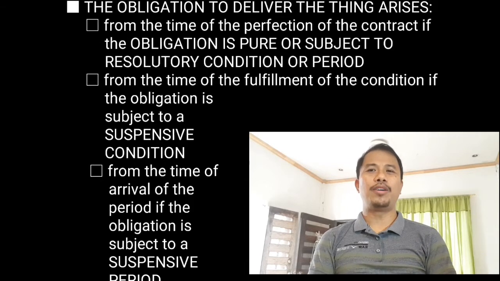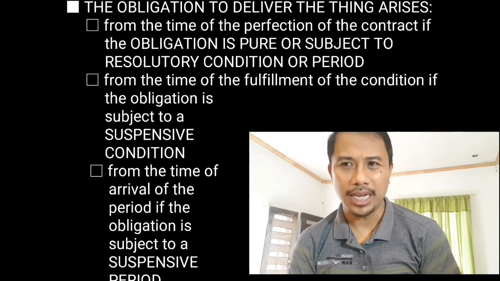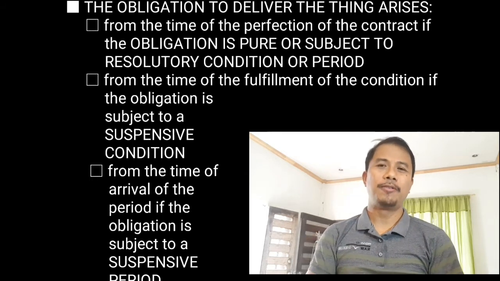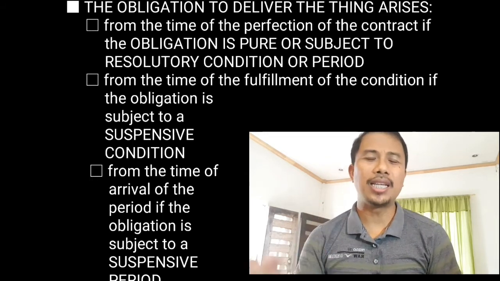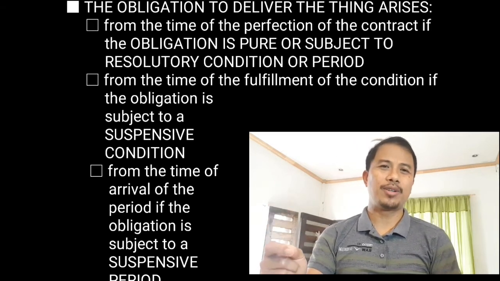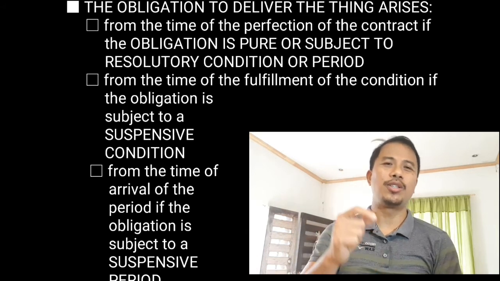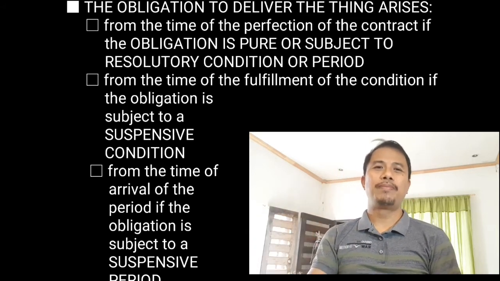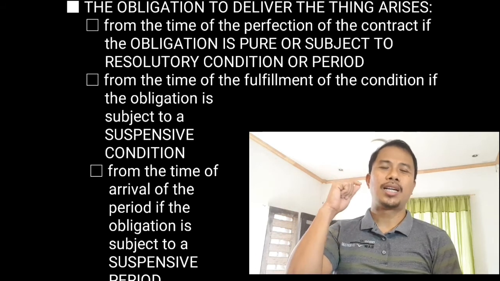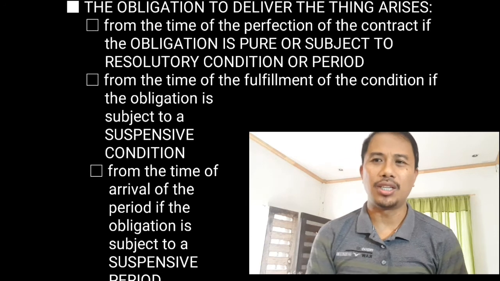Third, from the time of the arrival of the period if the obligation is subject to a suspensive period. We will discuss in detail, guys, the suspensive condition, suspensive period, resolutory condition, and resolutory period when we come across the kinds of condition.